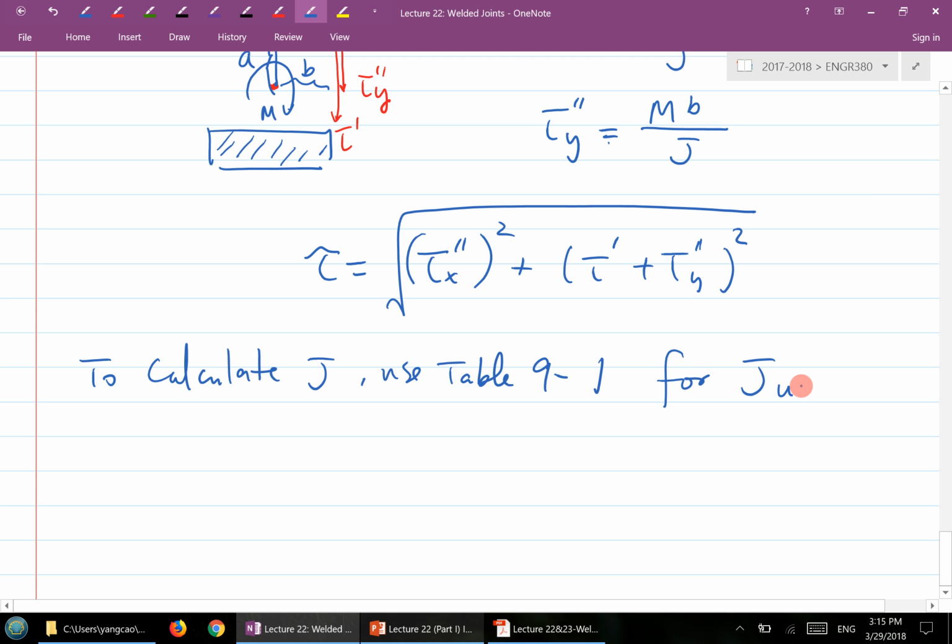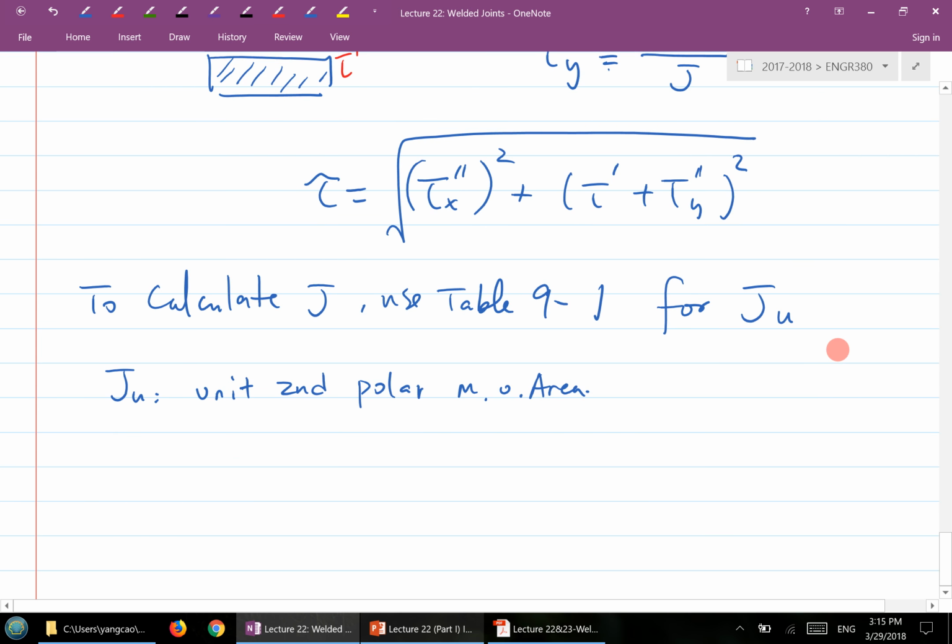JU is called the unit second polar moment of area. I'll show you what this table 9-1 is, and I'll tell you how to get J from JU.